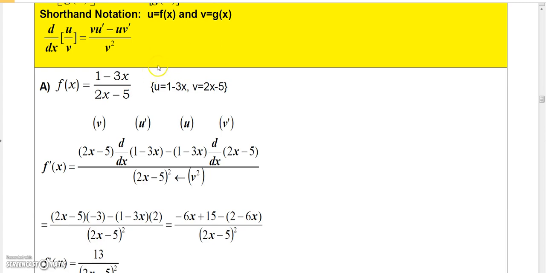So in this example, the numerator of my function is 1 minus 3x, so that would be my u. And then in the denominator I have 2x minus 5, that would be my v.